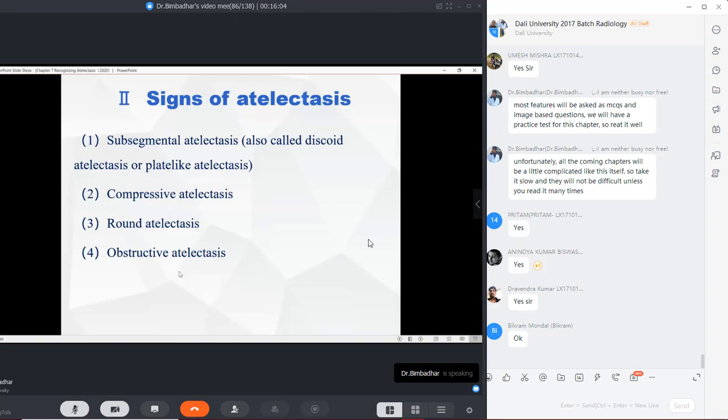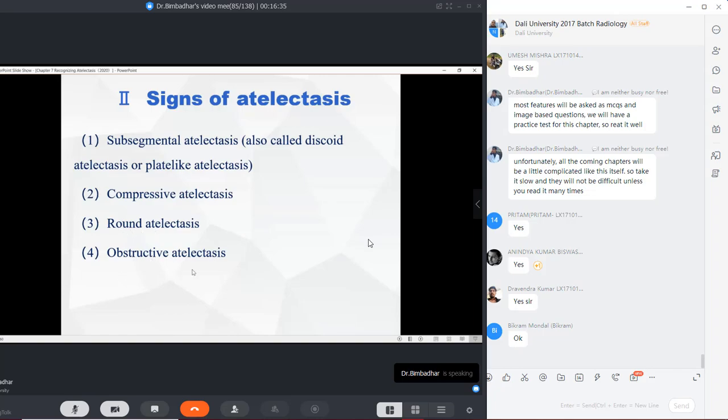Subsegmental atelectasis is the one that shows up as a discoid or plate-like atelectasis. There are other types of atelectasis: discoid atelectasis, which means a subsegmental atelectasis, then compressive atelectasis, round atelectasis and obstructive atelectasis.